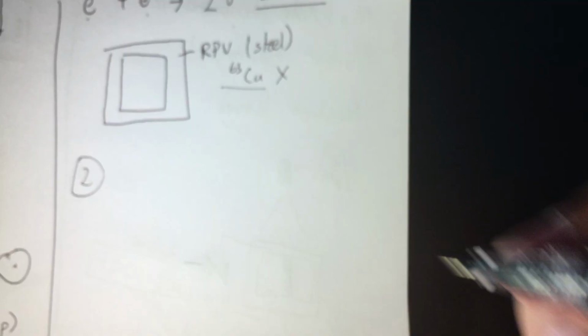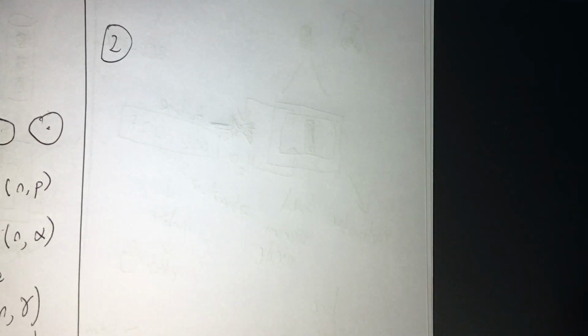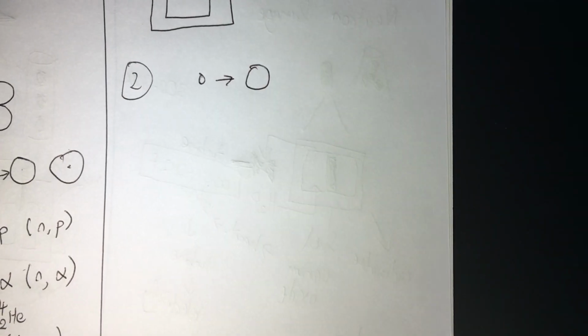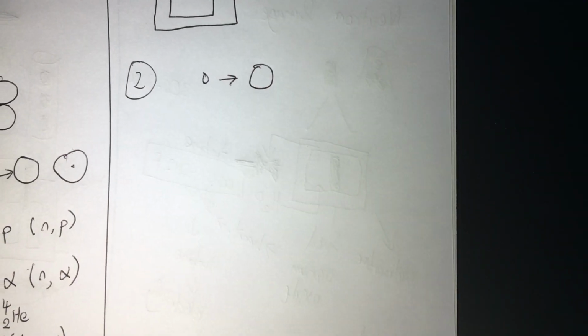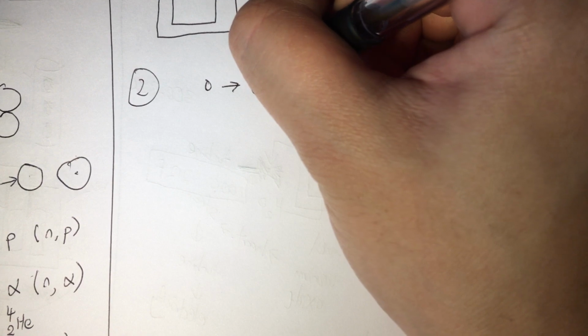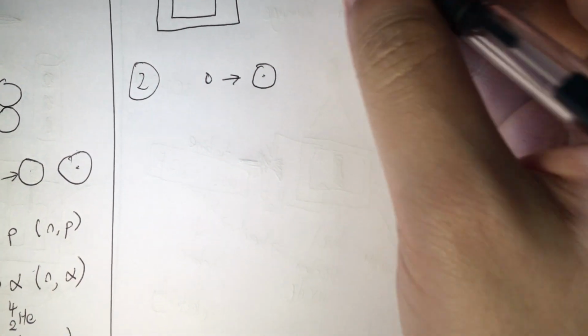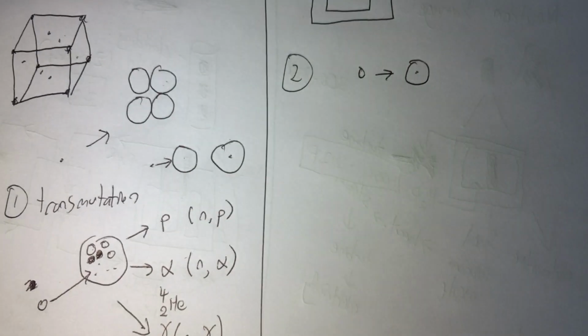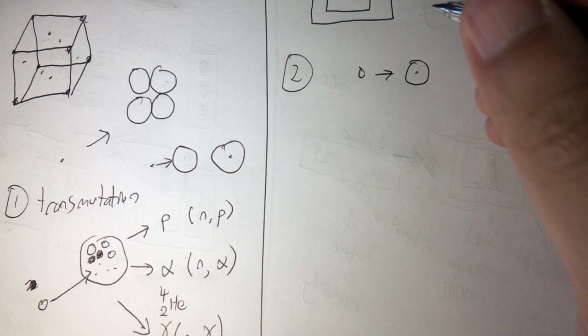Now the other one, which is more straightforward, is that the neutron will transfer some of its kinetic energy into the nucleus, not the atom. When you talk about atoms, we might think of them as hard spheres.